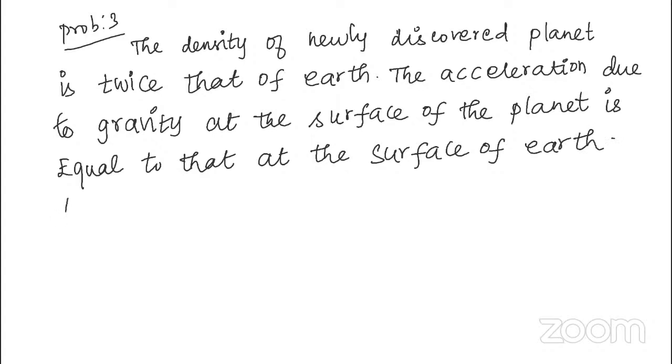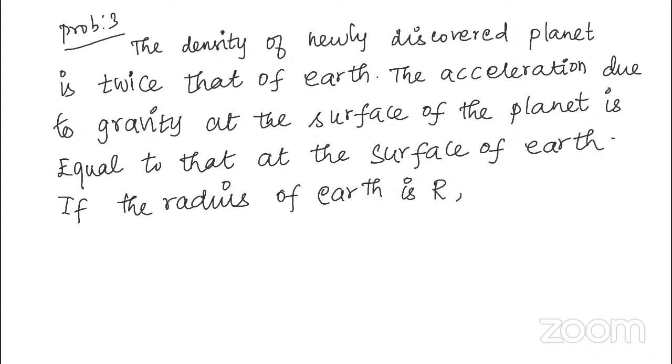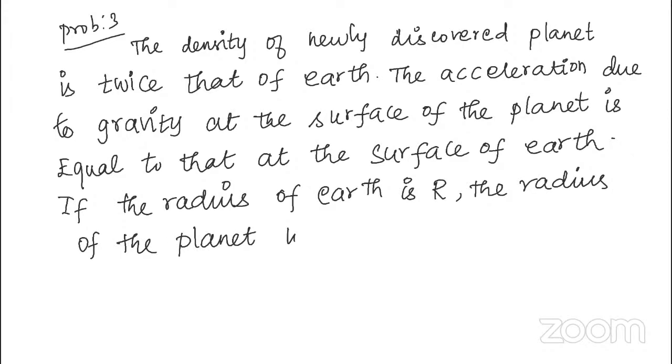If the radius of Earth is R, then the radius of the planet would be what?